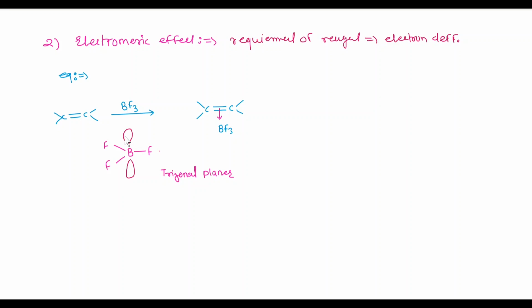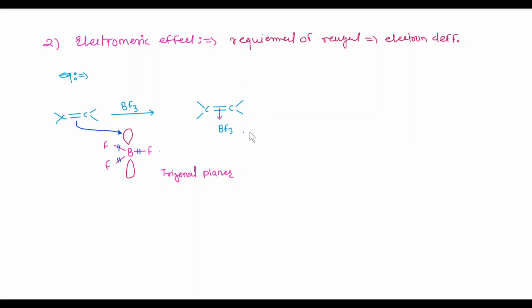This orbital accepts the electron because around the boron atom only 6 electrons are present in the three B-F bonds, and to complete the octet the double bond easily donates the electron into the vacant orbital of boron and forms the pi complex.